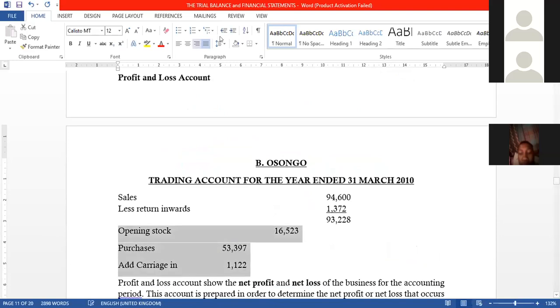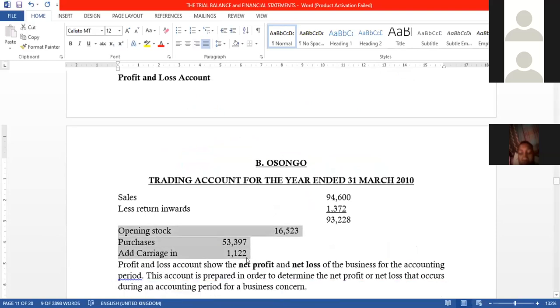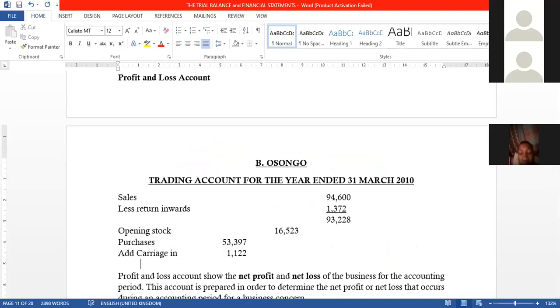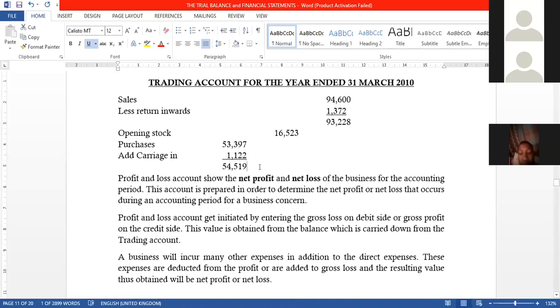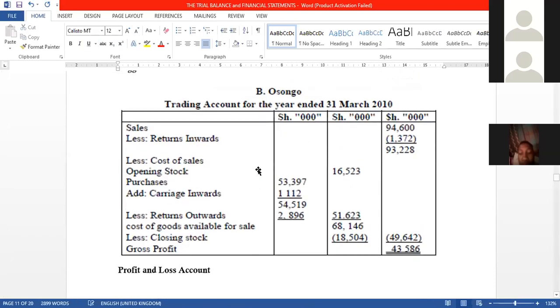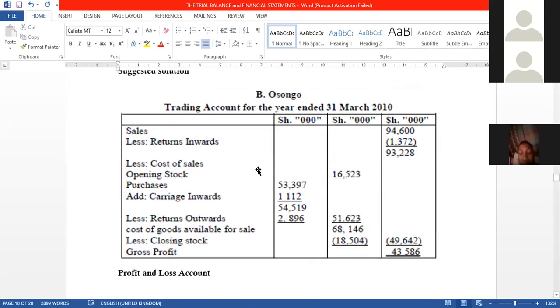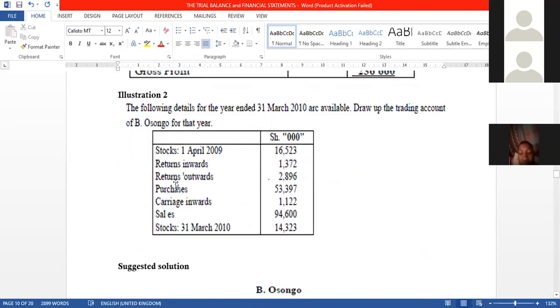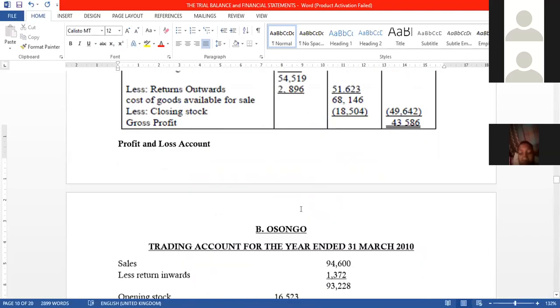What will that give us? Good accountants, we always confirm the answer. So we have 53,397 plus 1122. That is 54,519, if I am not wrong. From there, what is the next item? We less return out. What is the amount of return out? Return outwards, 2896.